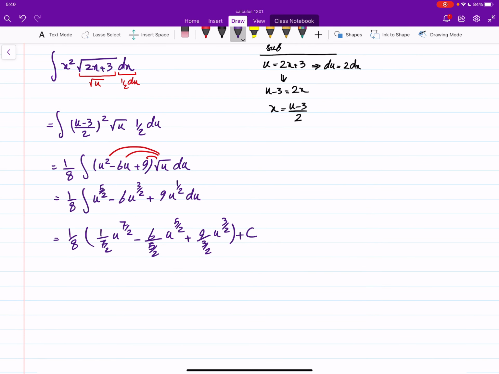Well, then I'm done. The integration is done. I just need to simplify this.